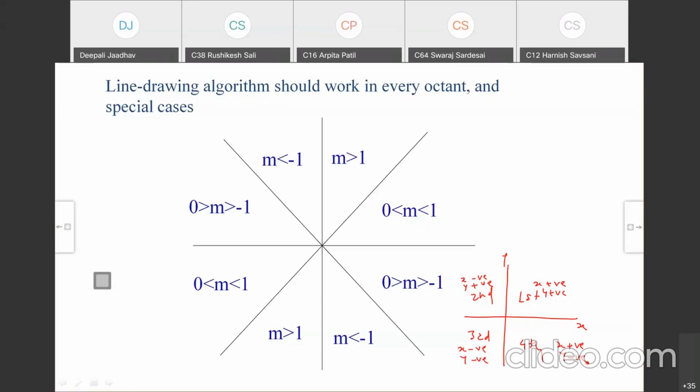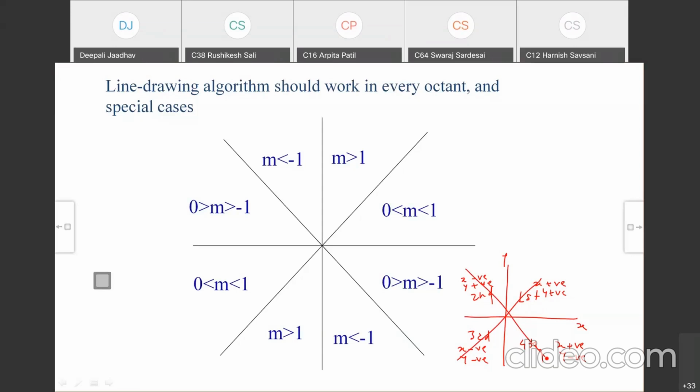When we consider a quadrant, it is divided into 4. In the same way, we consider octants also. Octant means again it is divided into parts, considering the lines Y is equal to X and Y is equal to minus X. Using that, if we consider the octants, then according to the slope, the line is drawn in that octant.